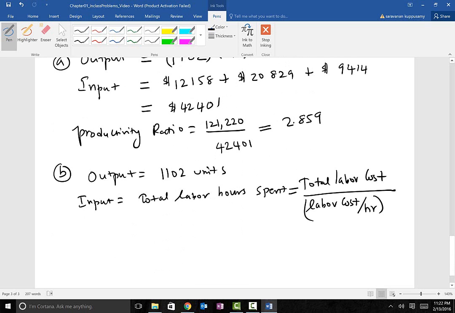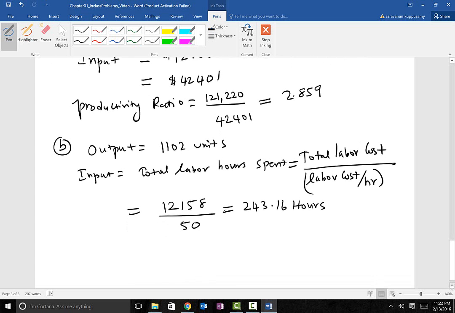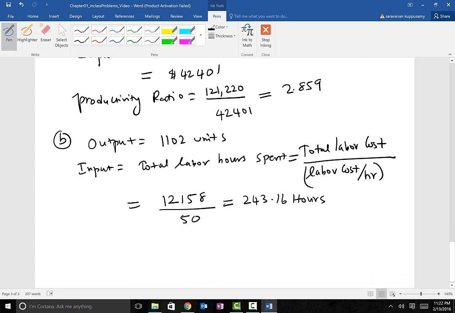So 12158 is the total labor cost, and the labor cost per hour is $50. That is 243.16 hours.